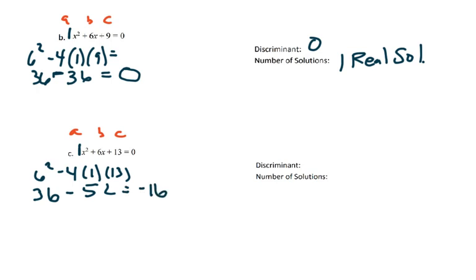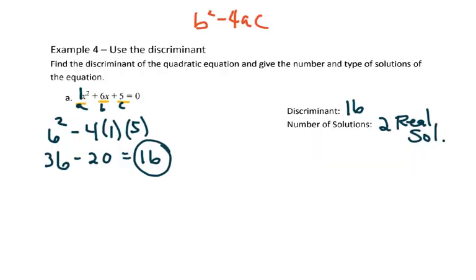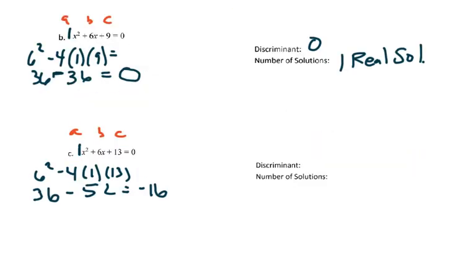And again, if I flip back one more time, when I have a discriminant less than 0, it's 2 imaginary solutions and no x-intercepts. So for this case, we've got a discriminant of negative 16. Number of solutions, it's 2, but this time they are imaginary. And that's important to know because that means that a parabola does not cross the x-axis.